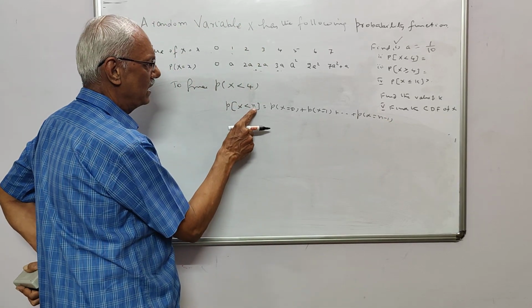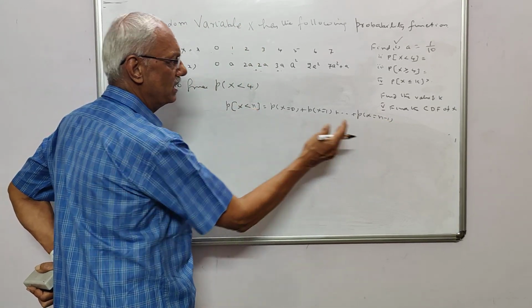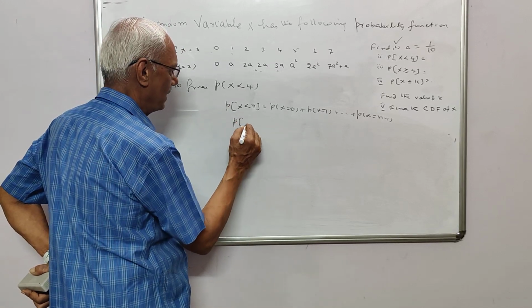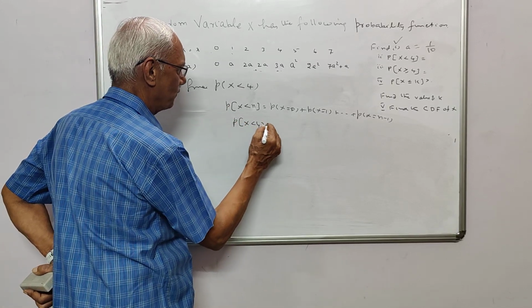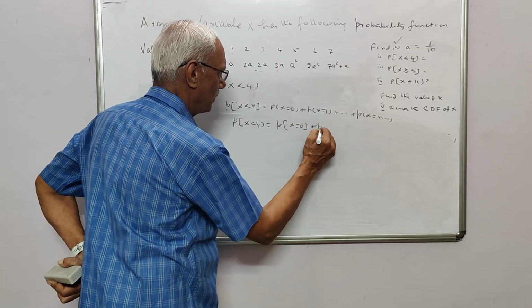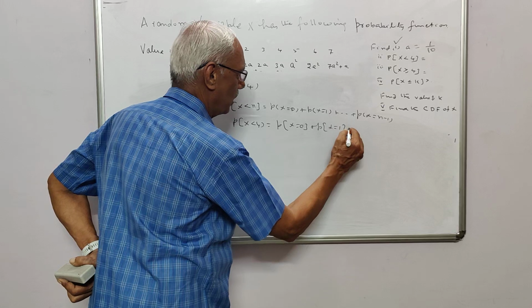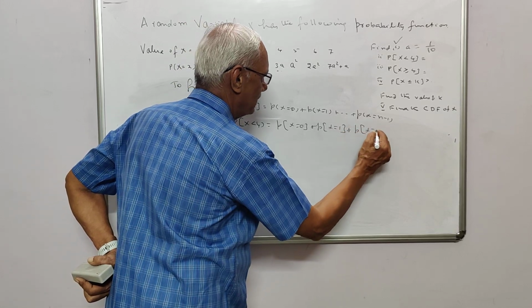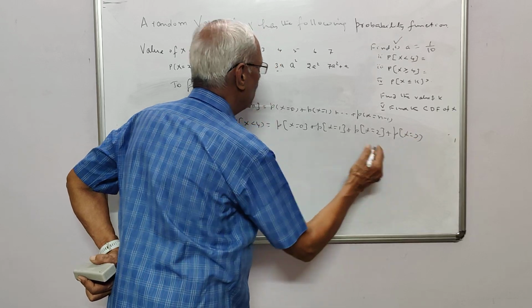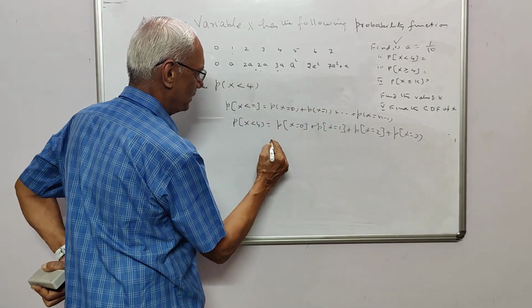That means it will not take the value n, but it will stop before this. So using this idea, P of x less than 4 is equal to P of x is equal to 0 plus P of x is equal to 1 plus P of x is equal to 2 plus P of x is equal to 3. Don't take this 4. So this will be equal to what?